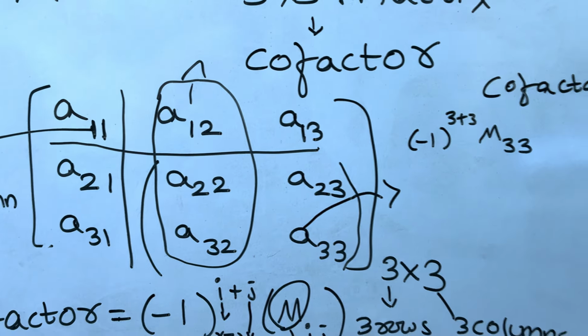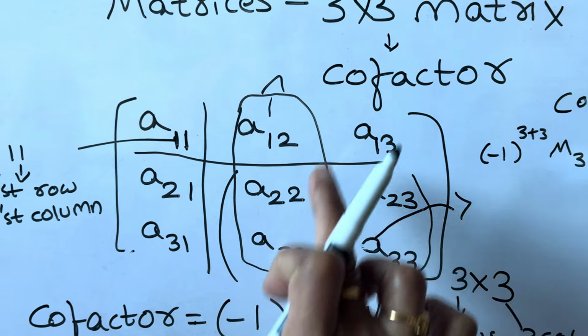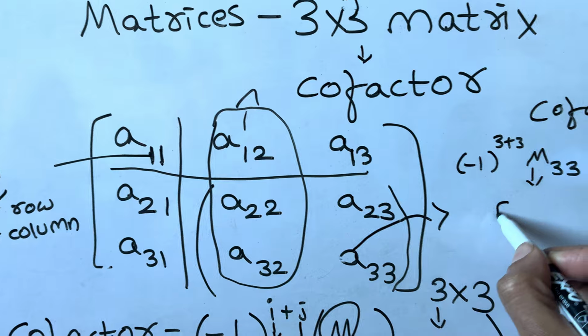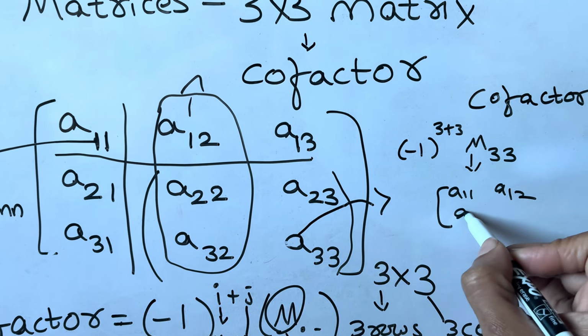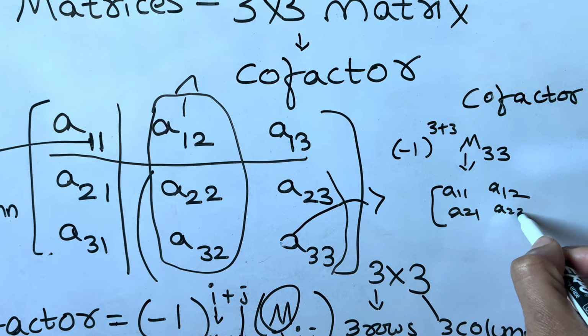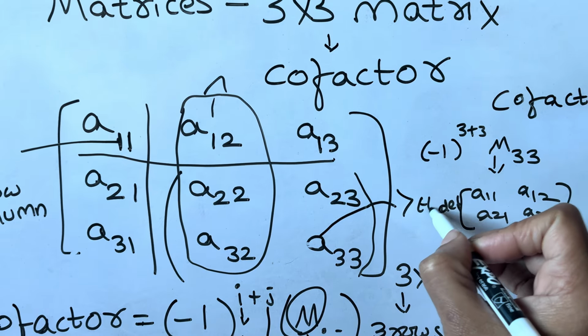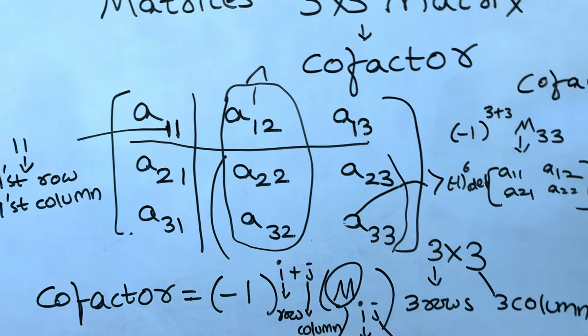Minor of 3 and 3 represents eliminating the third row and third column. Then I'll be left with these elements, A11, A12, A21 and A22, and finding the determinant of this and multiplying it with minus 1 to the power 6 gives me the cofactor.